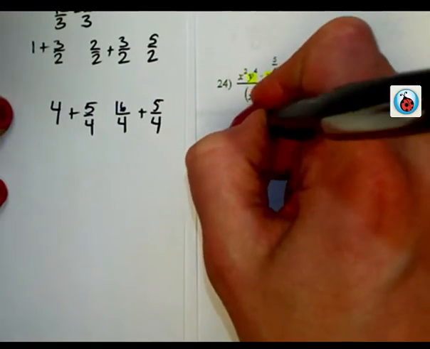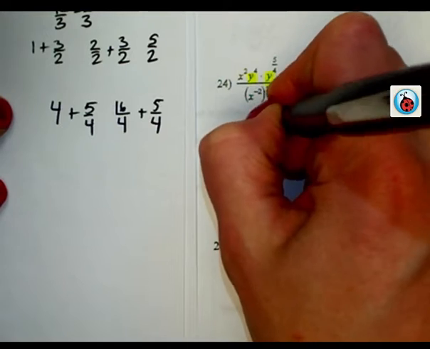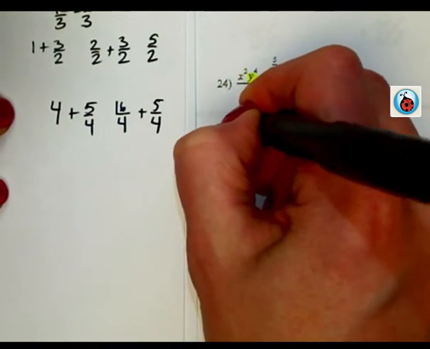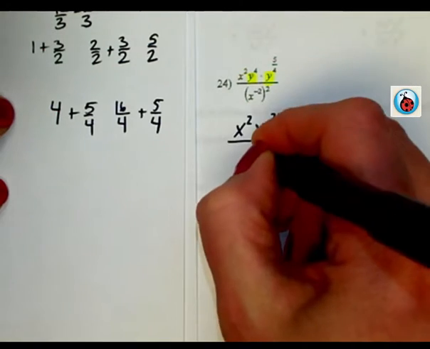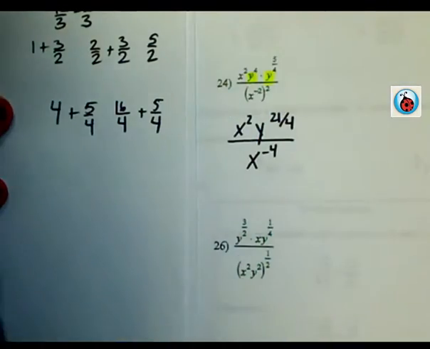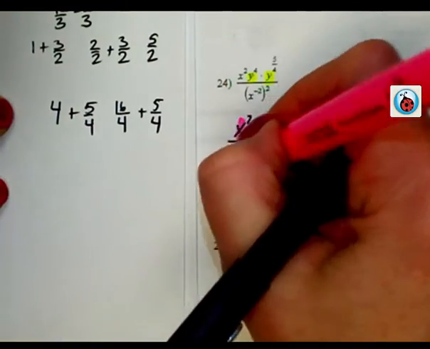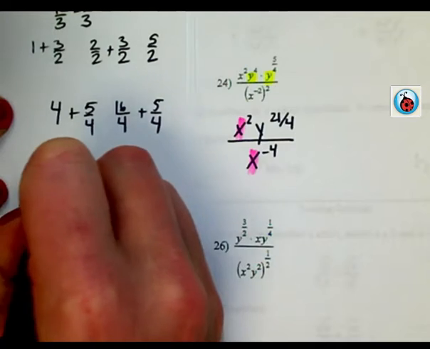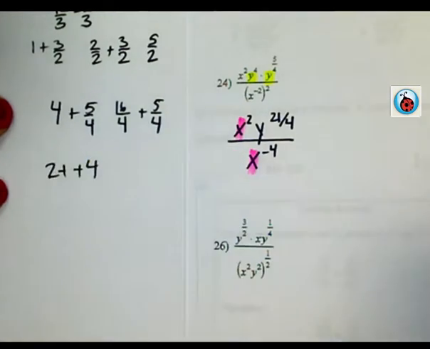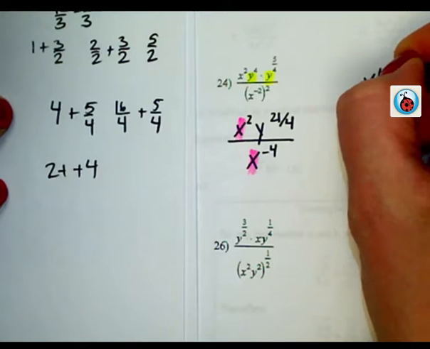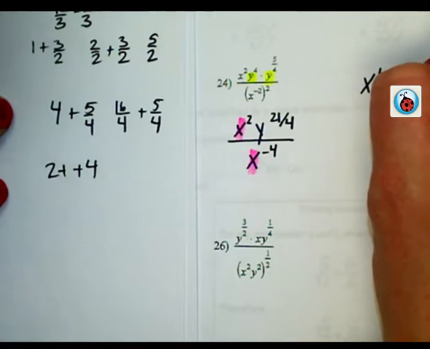So this is going to be y to the 21/4. Okay, so let's leave this x squared where it is. This is going to be x to the negative 4. And so now let's combine that. This is going to be 2 minus 4, so 6. X to the 6th, y to the 21/4.